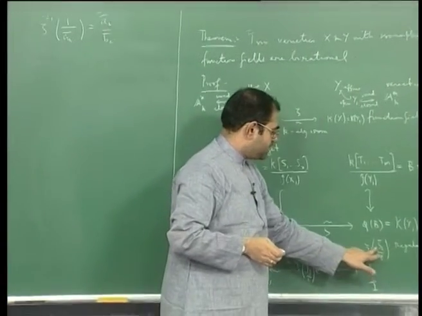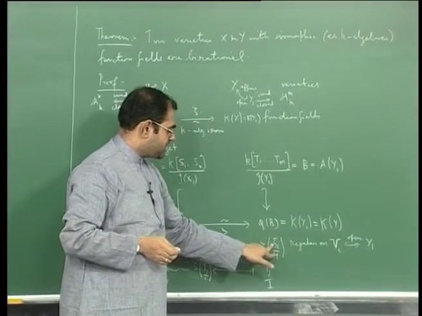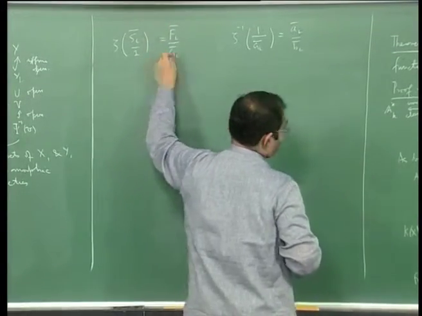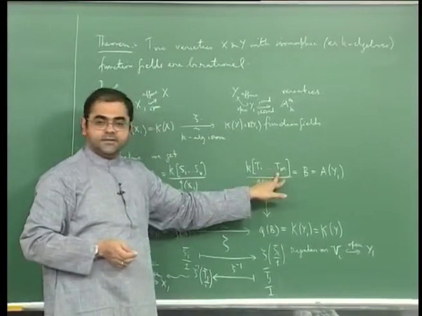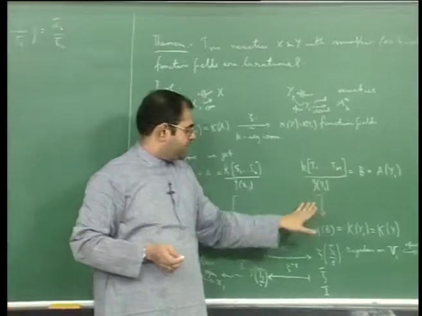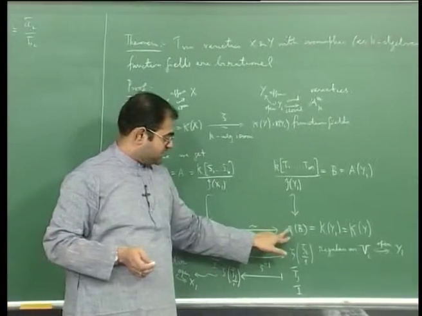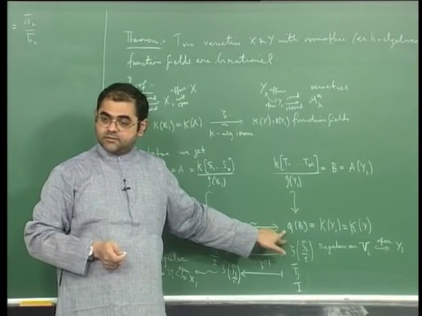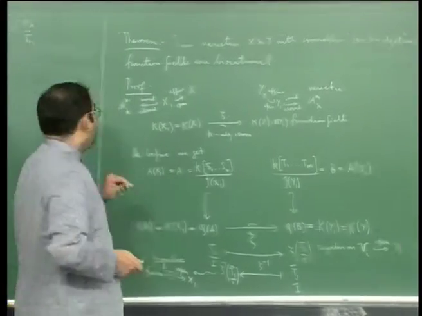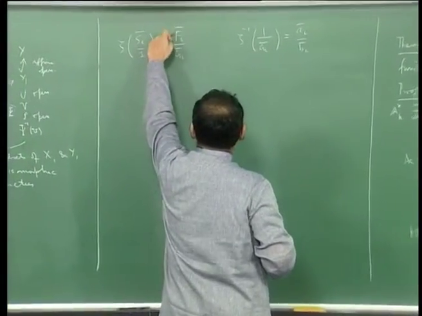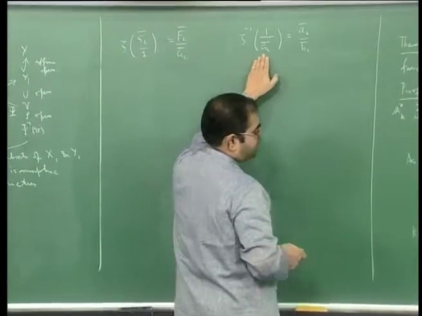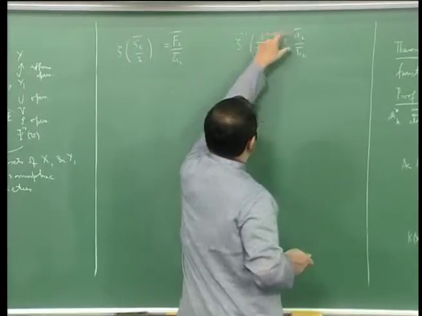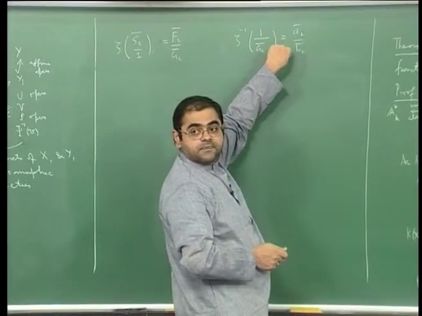So if I take zeta of si bar by 1, I will get fi bar by gi bar, where fi bar and gi bar are polynomials in the t bars, okay. They are elements of B, and because this is after all the field of fractions of B, every element here looks like a quotient of elements of B, okay. And if I take 1 by gi bar, which also makes sense in the quotient field of B, and I apply zeta inverse, I will again get ai bar by bi bar, alright.